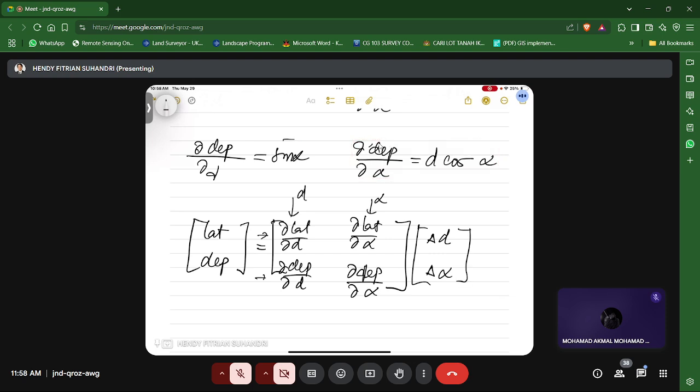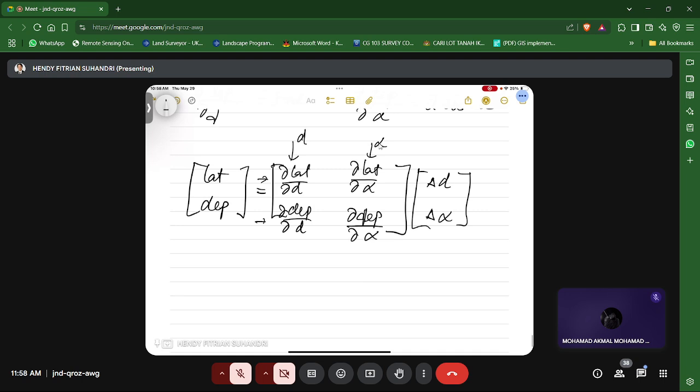Apapun lah, kita tak tahu delta ni apa, kita tak tahu. So ini telah menjadi bentuk yang linear. Sigma K sama dengan M times sigma S times M transpose.